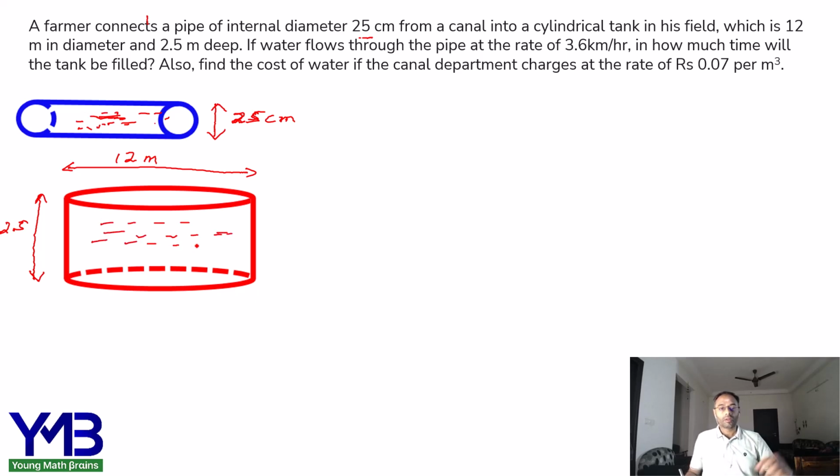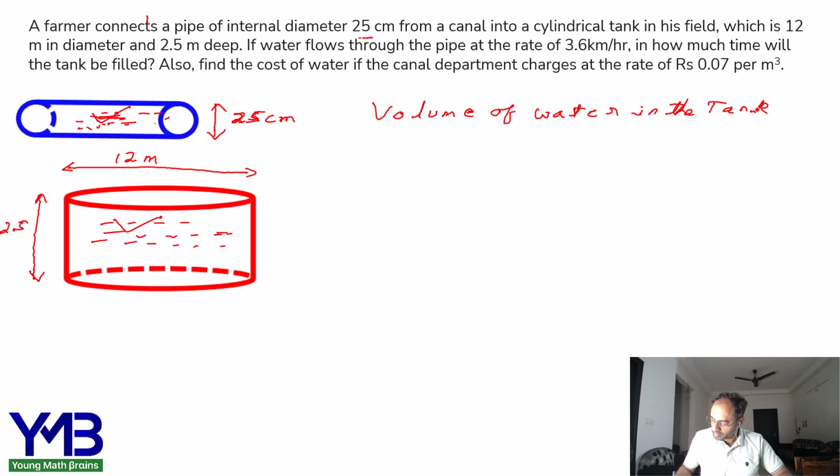So the volume of this tank would be the same as the volume of water flowing through the pipe. Whatever volume flows through the pipe only gets filled in the tank, and once the tank is full, we are going to stop the pipe functioning. We are going to close the pipe. If we just try to equate the volume of the tank with the volume of the pipe, that should be good enough for us.